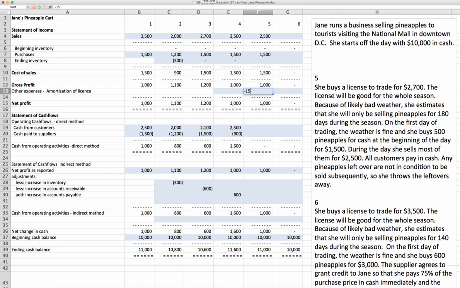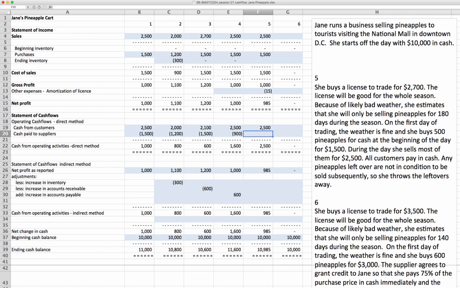So for one day of trading we'll subtract the $15. And so the net profit is the gross profit of $1,000 less the amortization expense of $15, net profit of $985.